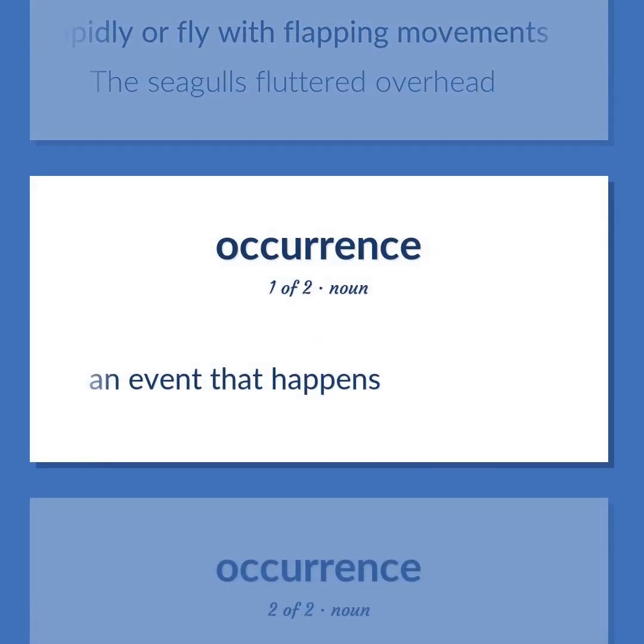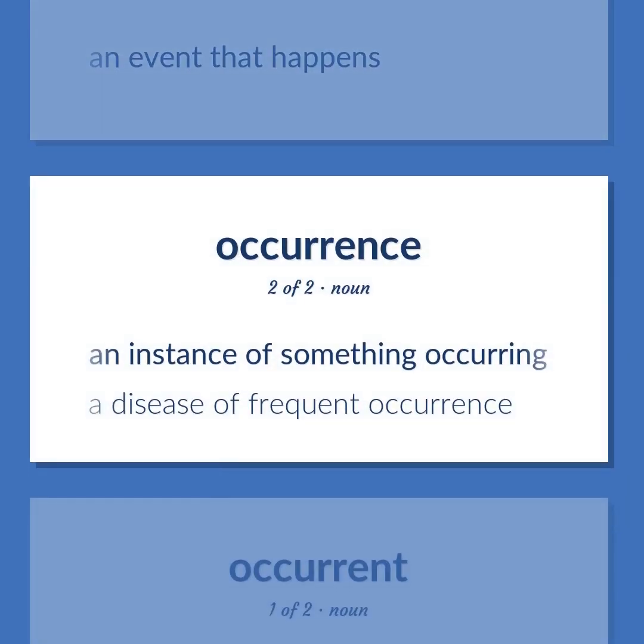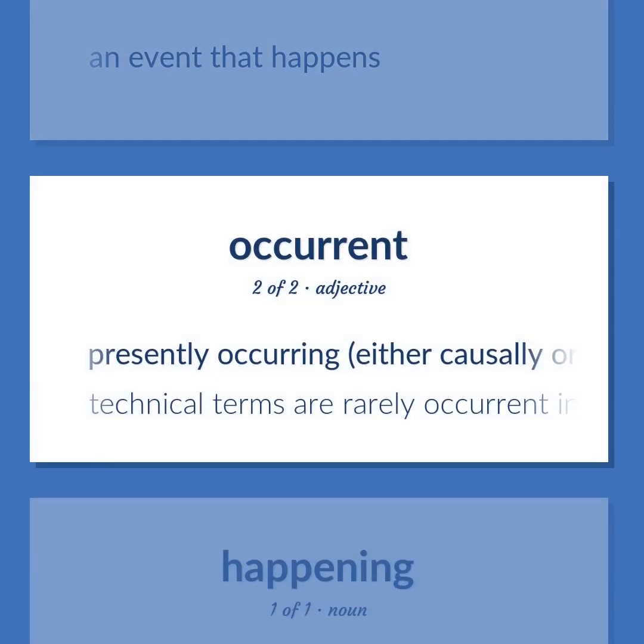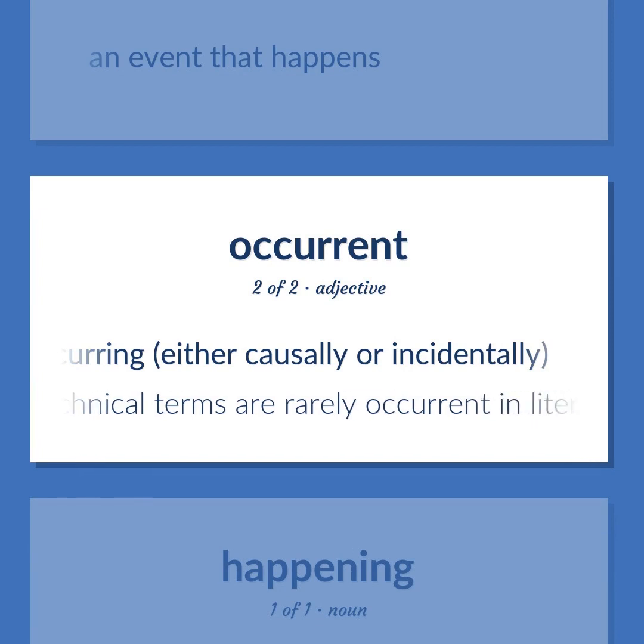Occurrence: an event that happens. An instance of something occurring. A disease of frequent occurrence. Presently occurring, either causally or incidentally. Technical terms are rarely occurrent in literature.